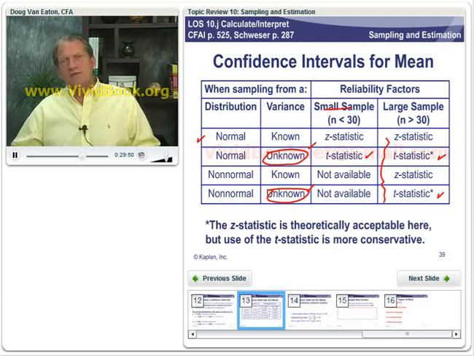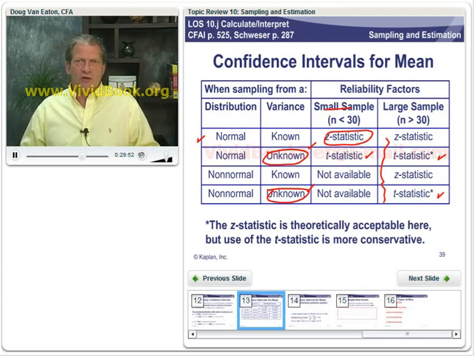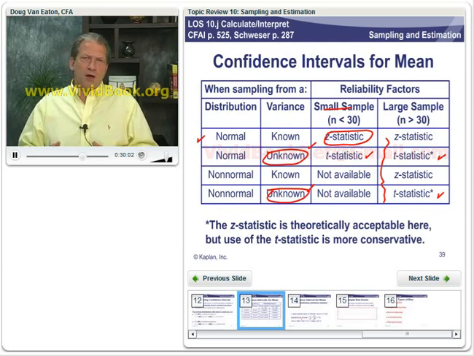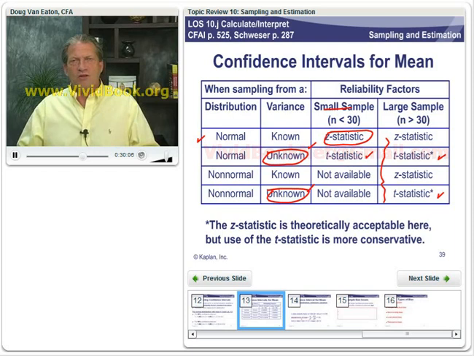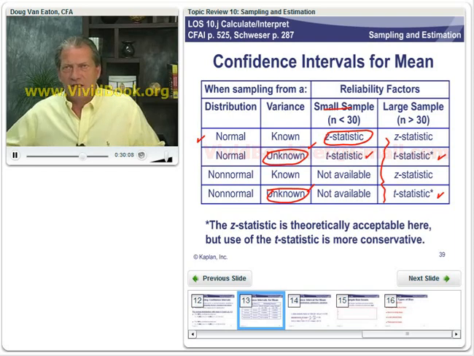So try and get that straight as to when you use the t. You can't go wrong using a t distribution when the variance is unknown, except for a non-normal population, unknown variance, or known variance. You can't make any statements about that.